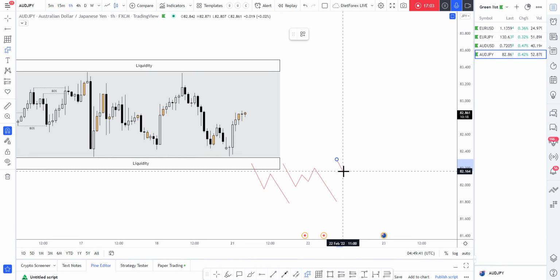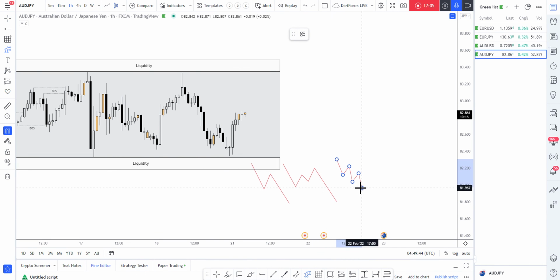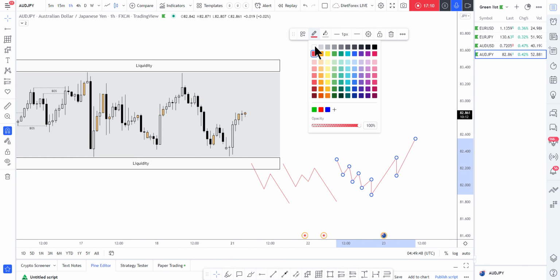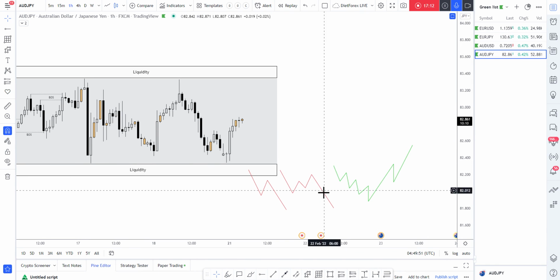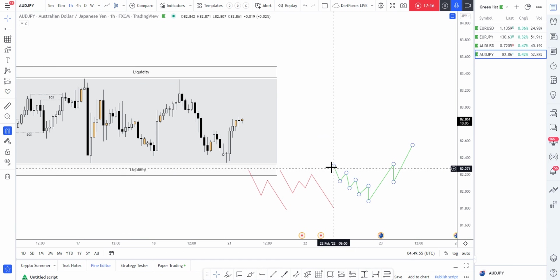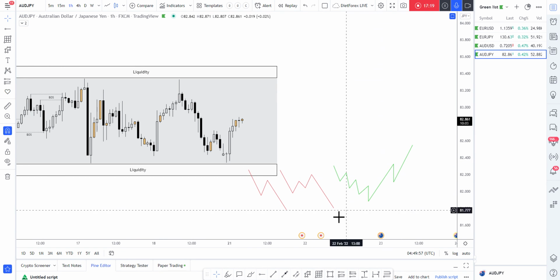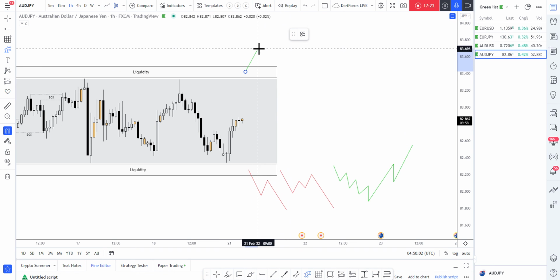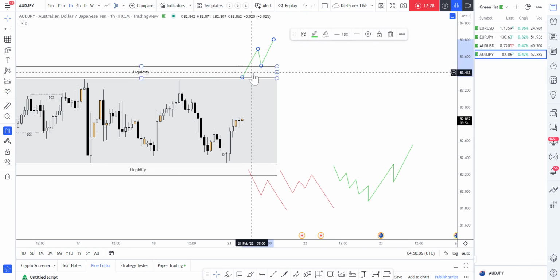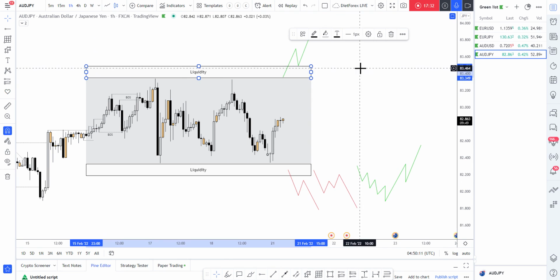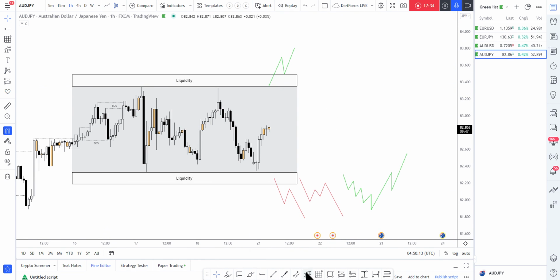I want to imagine it like this, so it reminds me of the possible moves that I can expect right there. So this is an impulse move. If it starts breaking the low correctively, I would wait for that break of a descending channel. And of course, I don't want to discount this break and retest. If the price starts breaking out from this range, that would be interesting.